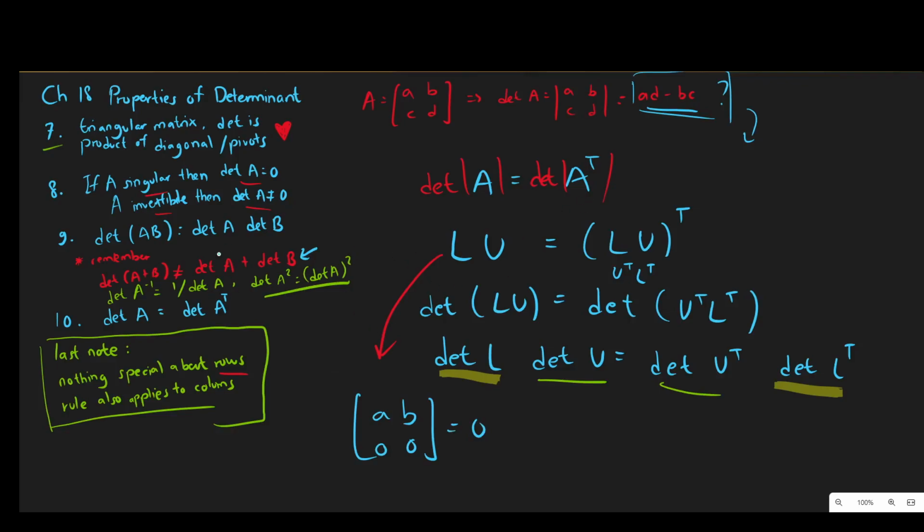But since we introduced property number 10, we can also take A and transpose it. So the columns of 0s will also have an effect on the determinant, and this will also equal 0. So there's nothing special about the rows, and the rules also apply to the columns. So that's the last point that I want to bring out.